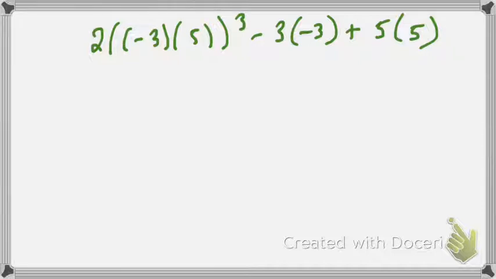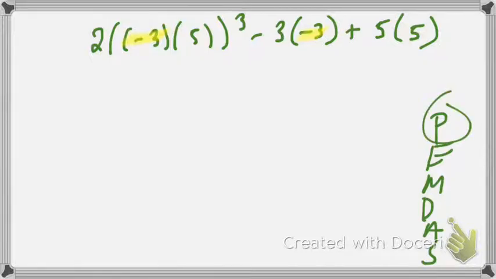Now notice, super important, that when I plug a negative number in for a variable, I make sure I put that in parentheses. So notice that my -3 is in parentheses. Okay, now please excuse my dear Aunt Sally. So we want to do what's in parentheses first.